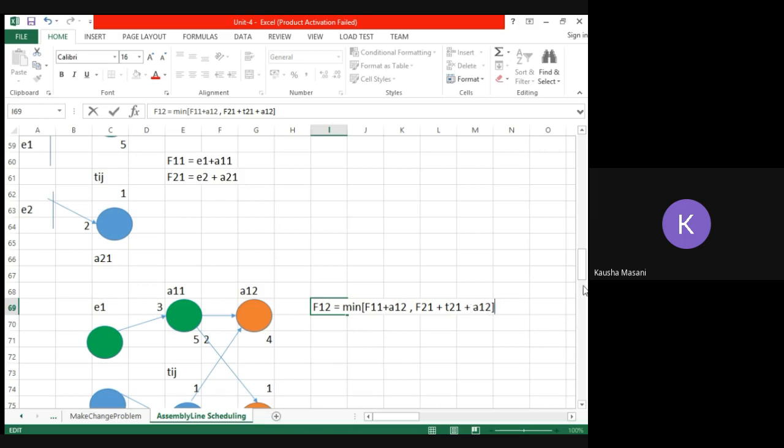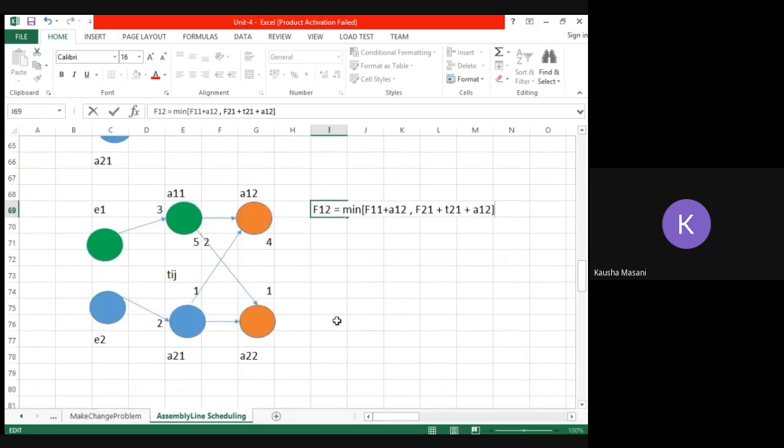Okay. Similarly, in the same way, we are also going to find finishing time at F22, this point. Here also, same concept, F22.